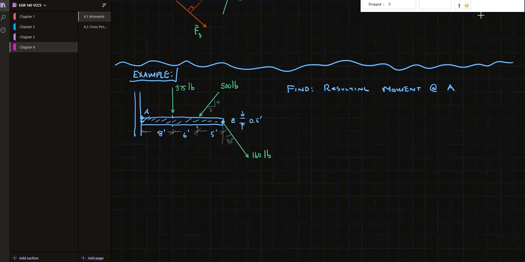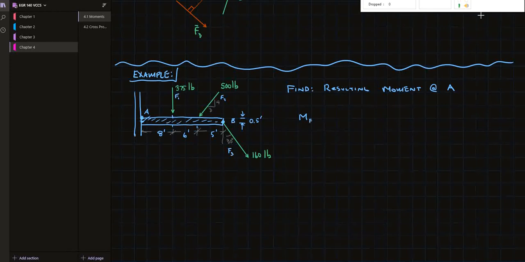So let's just start working on our moments. Each of these forces is going to add to our moment. Let's give these letters F1, F2, and F3.